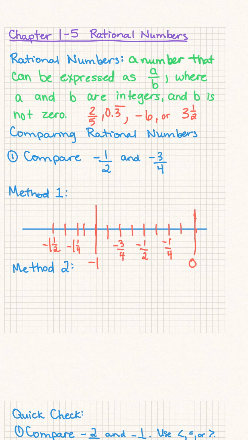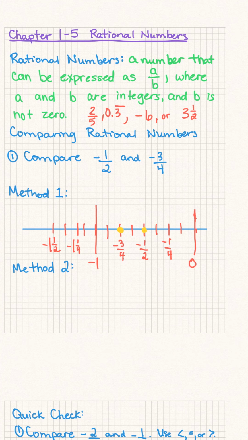What I did is I broke apart the lines between 0 and -1 and put it into fractions. -1/2 would be right here, and -3/4 is right here. Therefore, -3/4 is farther to the left on the number line, so it is the lesser number.